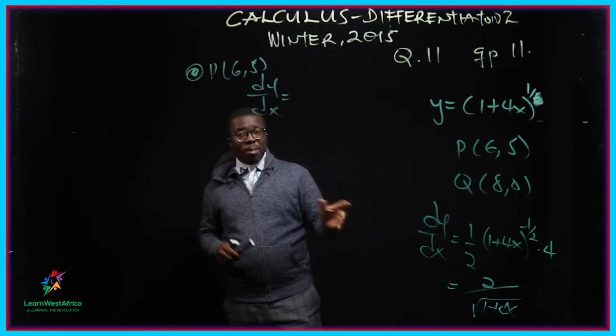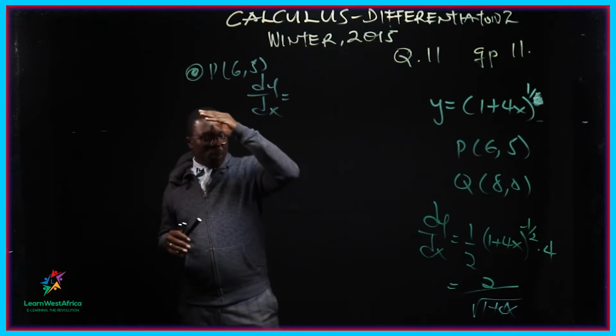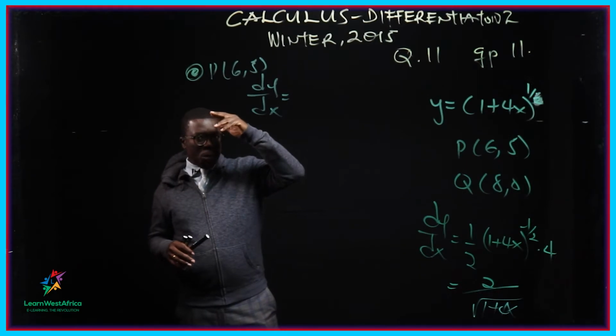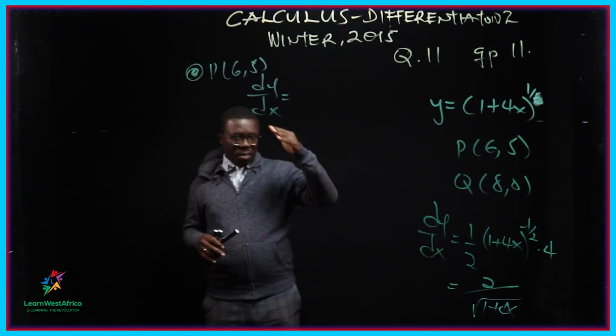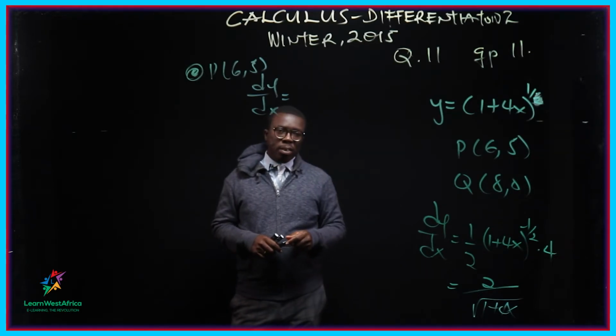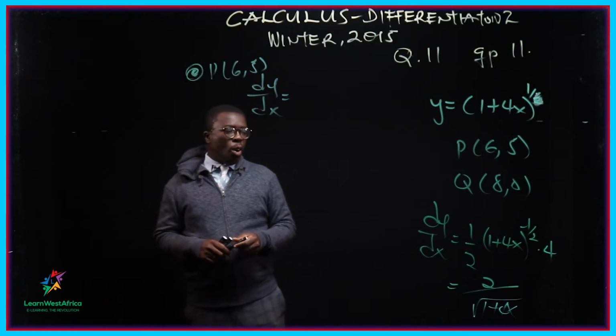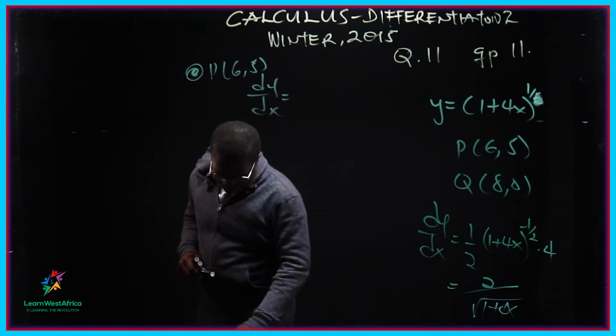The square root of 25 is 5. But remember, when you look at the nature of the slope, it kind of has a negative situation, but this is just the curve. So we divide 2 by that. What do we get?